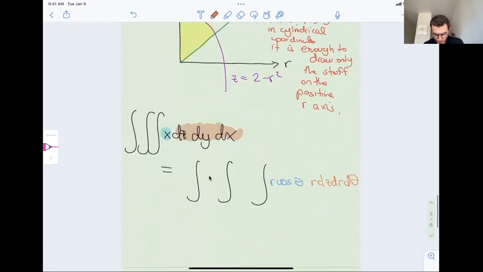This thing is dV, and dV in cylindrical coordinates is r dz dr d theta. So far so good.